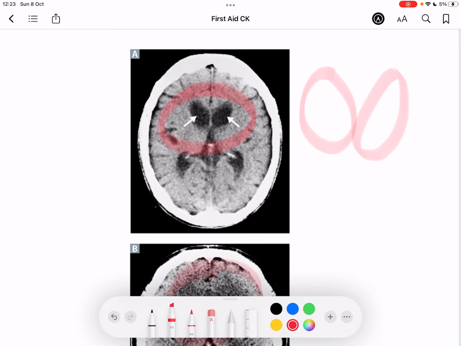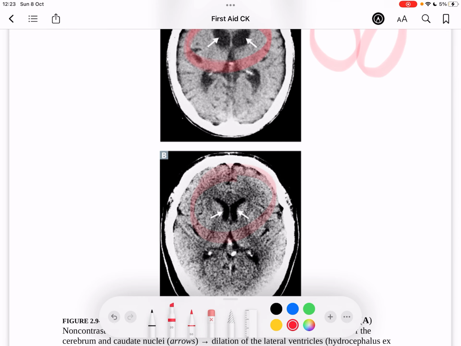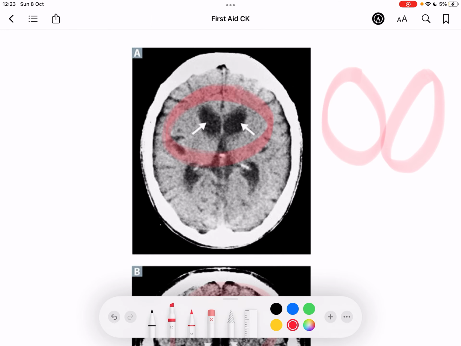Also, when you look at this CT, you can see another telltale sign. If you see here, you can see in these specific areas that the sulci are widened. Yeah, you see this part of sulci here, that's very, very wide and very, very deep, which is telling me that there's maybe some cerebral atrophy as well.